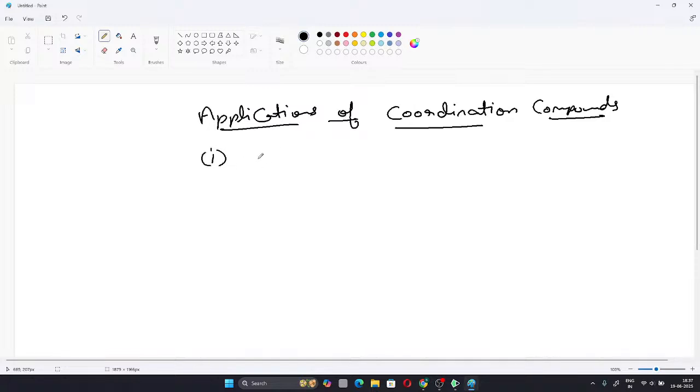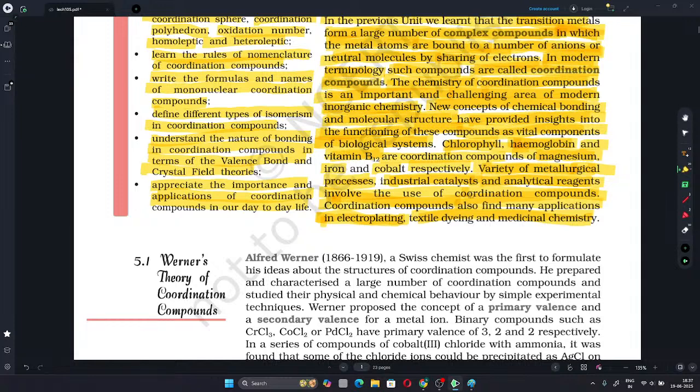They help in metallurgical processes, act as industrial catalysts, and as analytical reagents that involve the use of coordination compounds, and help in electroplating, textile dyeing, and medical chemistry.